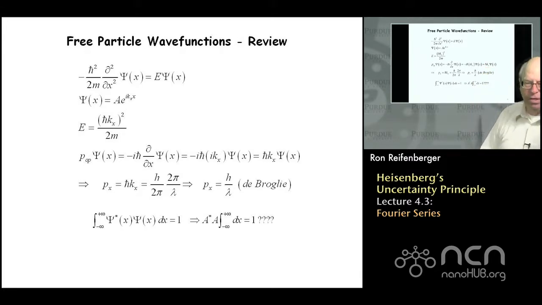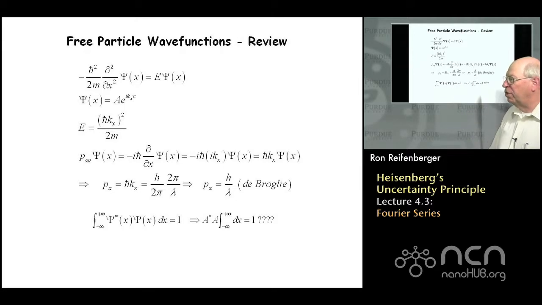So the problem with this wave function is when you try to determine this coefficient a. The normal way that you determine that coefficient a is you insist that the wave function times its complex conjugate integrated over all space is equal to unity. So this is the normalization condition.